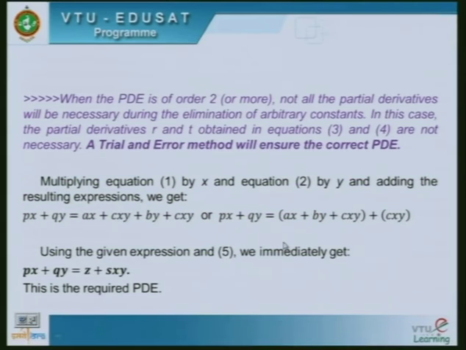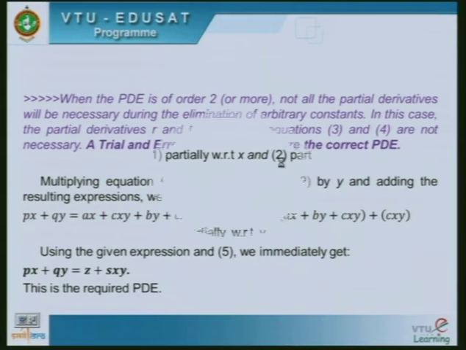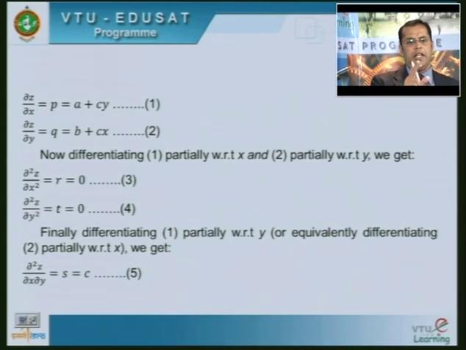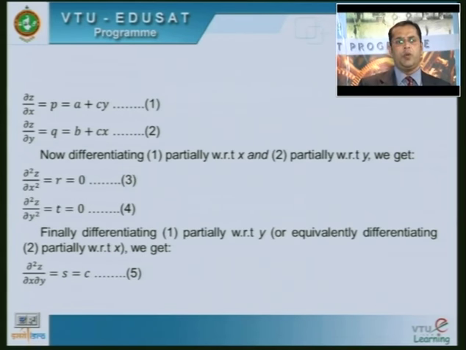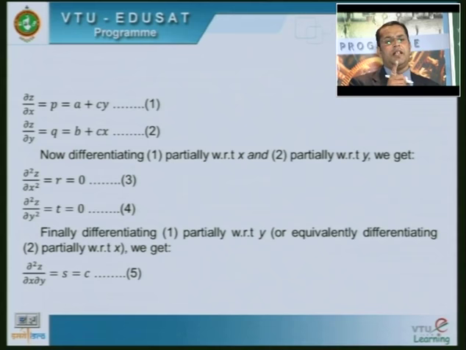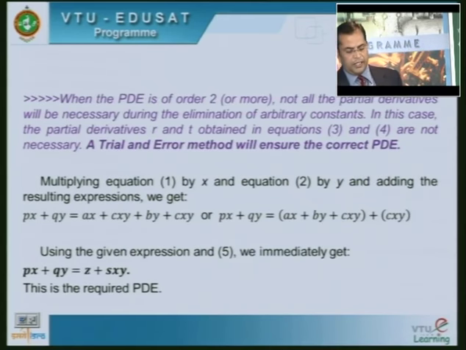You take dou z by dou x equal to p equal to a plus cy, which gives you, when you multiply by x, px equal to ax plus cxy. Multiply equation 2 by y, which gives you qy equal to by plus cxy, and then add the 2. And finally, observe equation 5, where you have dou square z by dou x dou y equal to s equal to c. So, that expression will be required to obtain the final PDE.